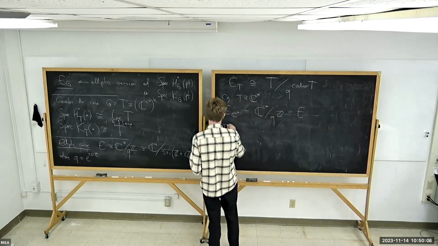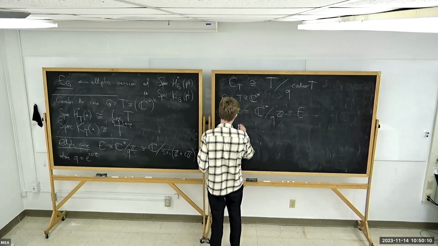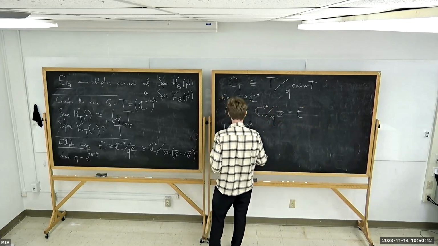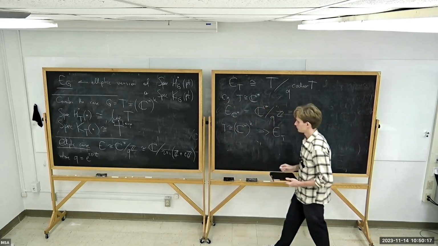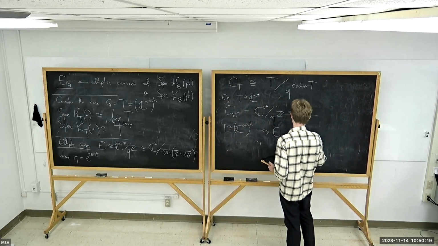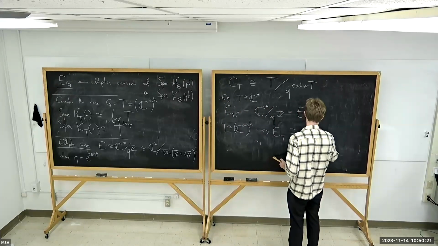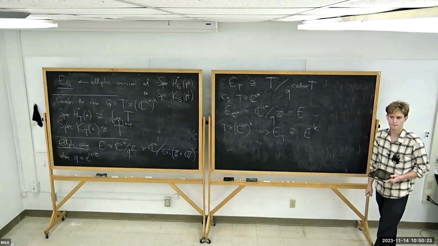And if we have an isomorphism between T and (C star)^k, then the elliptic equivariant cohomological point is going to be isomorphic to k copies of the elliptic curve.